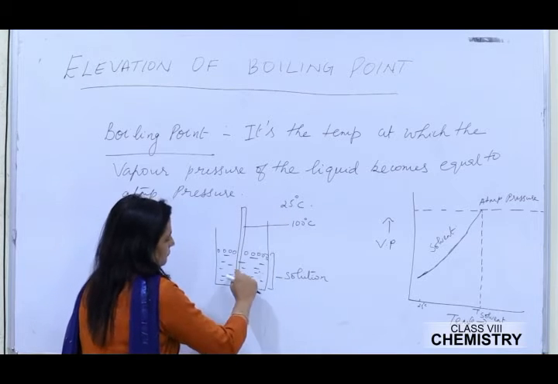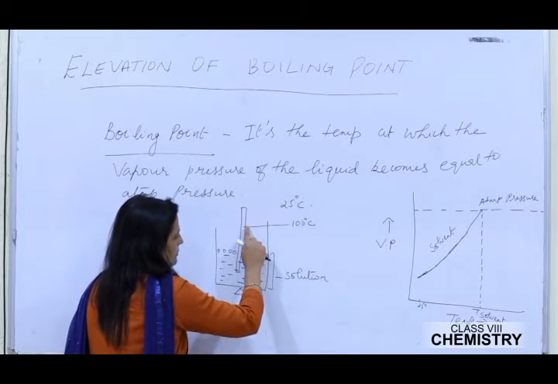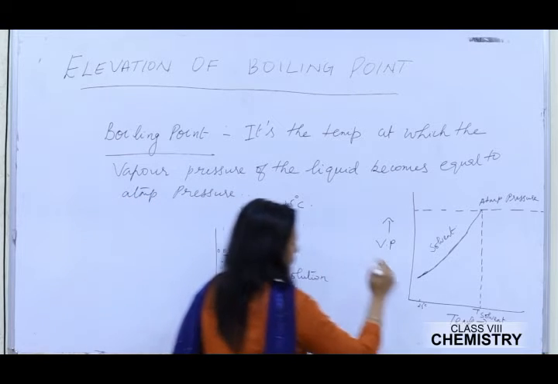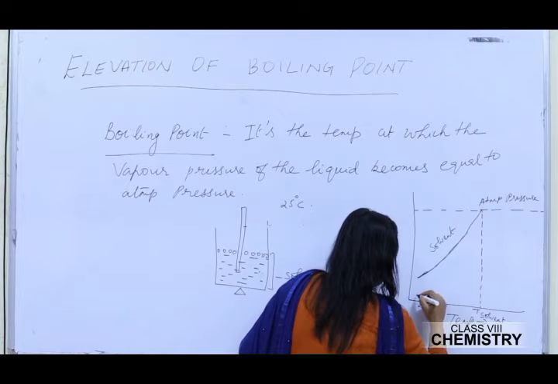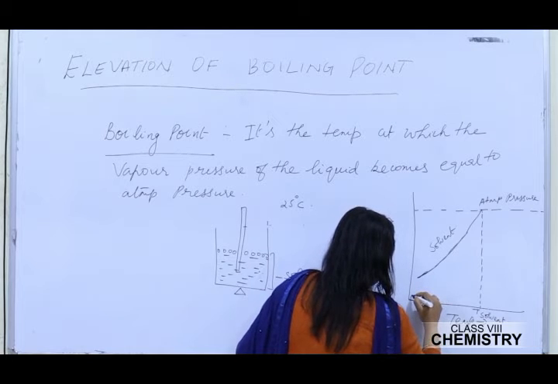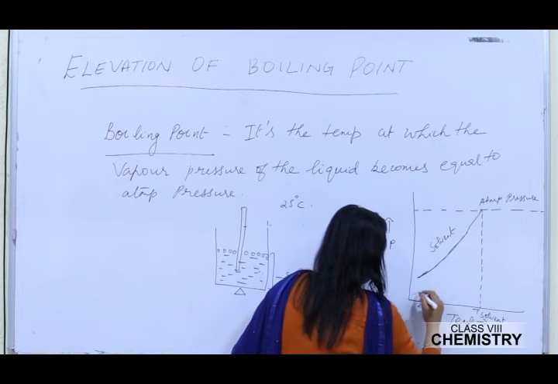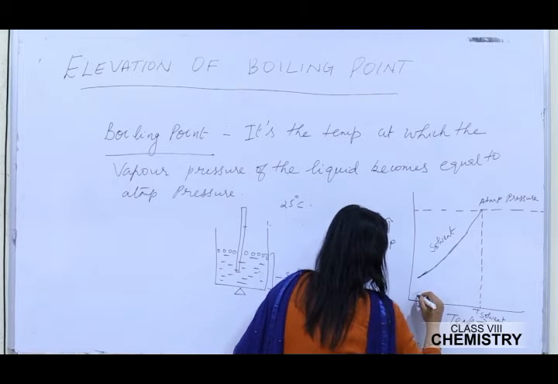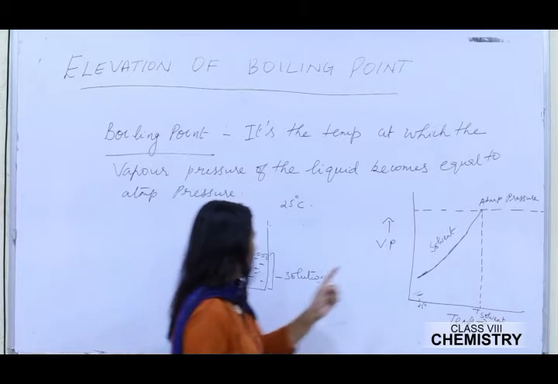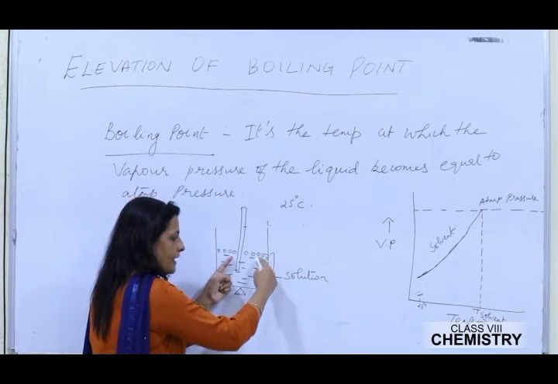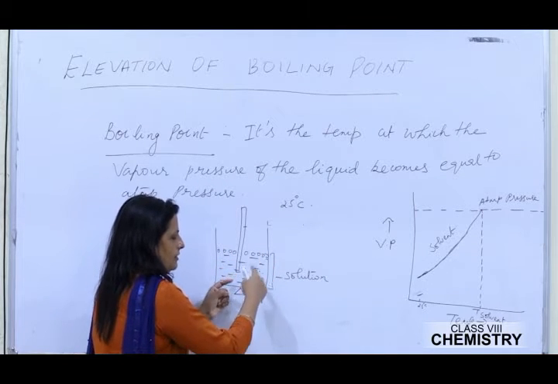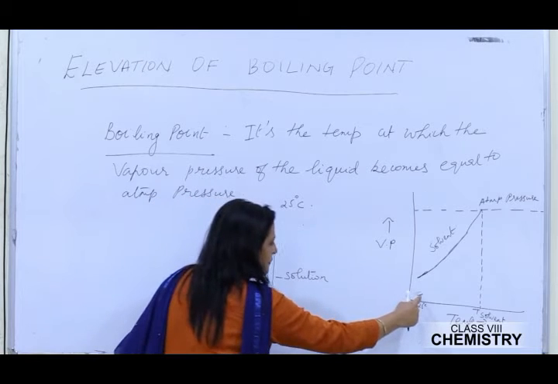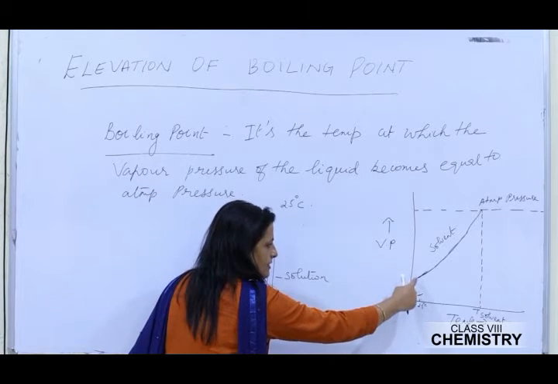Initial vapor pressure we note at 25 degrees C, and what you observe is that when you add non-volatile solute to the solvent, the vapor pressure of the solution is slightly less than that of the pure solvent.